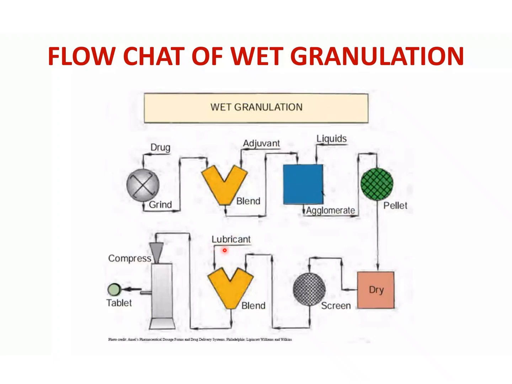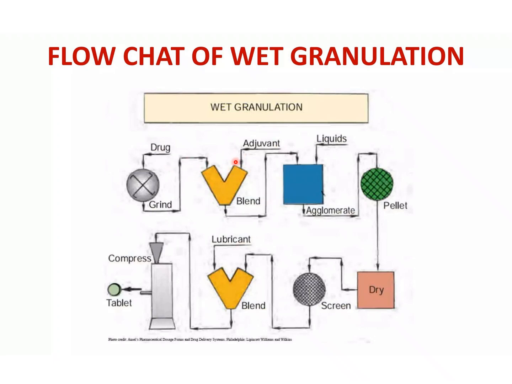Actually, we need to learn about the function of lubricant. Lubricants usually reduce the friction between the die cavity and the particles or granules in the die, and their main function is to keep apart the excipients or drugs or other adjuvants from one another.